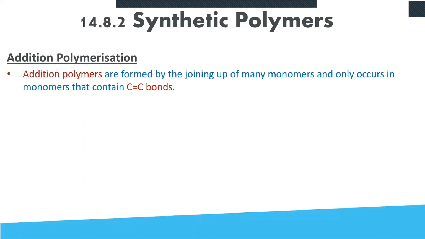For addition polymerization, the monomer used to form the polymer should contain a carbon-carbon double bond. So the way you identify an addition polymer is by having information about the monomer. If the monomer is an alkene, or has a carbon-carbon double bond, then the polymer will be an addition polymer.